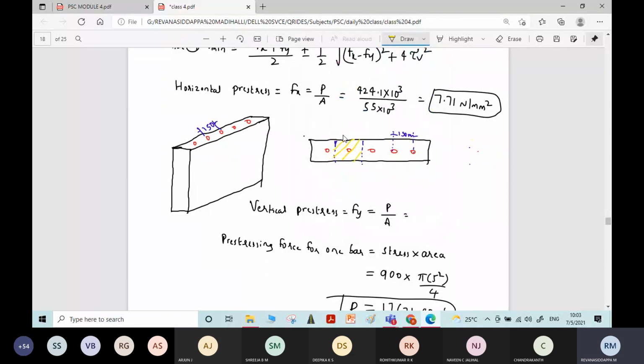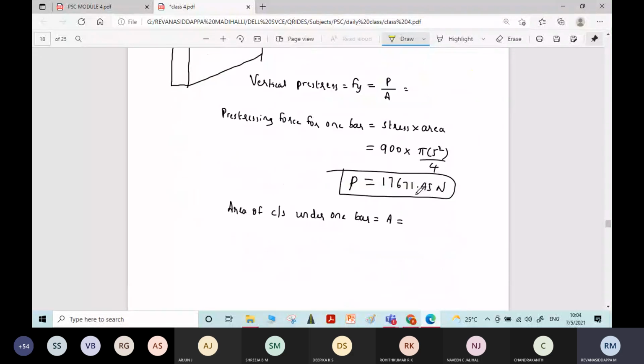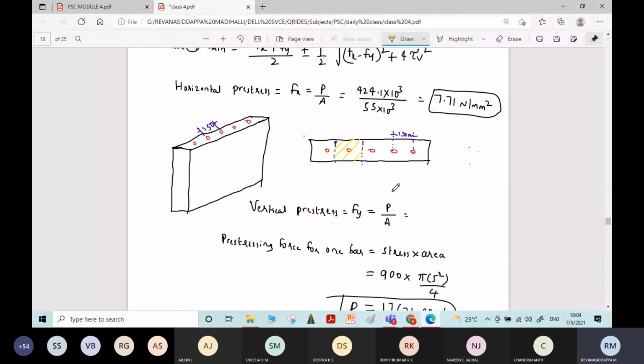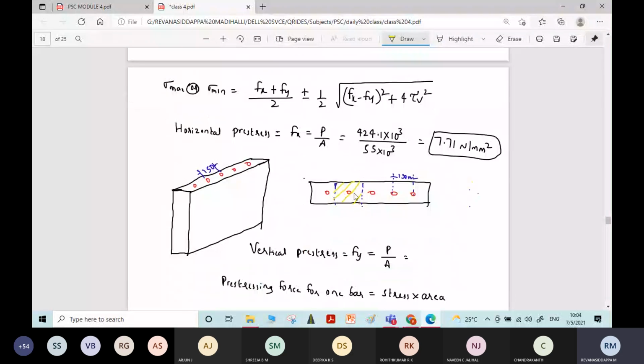The spacing of the bar is 150 mm center to center. If you are measuring stress for one bar, the force in that one bar we have already determined, and the area under that one bar will be half of the spacing on either side. So the total spacing of the bars is 150.